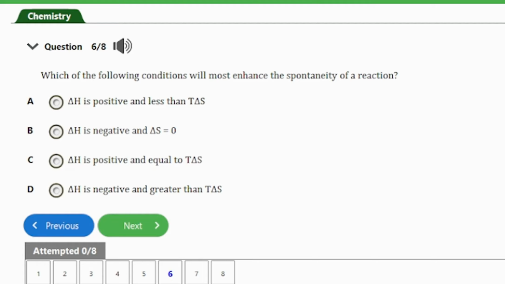So guys, with this, we already know that option D is going to be the answer to this question for all values of delta H and delta S, having that they are both negative in this situation. So guys, that's the answer to this question, and that's option D here.